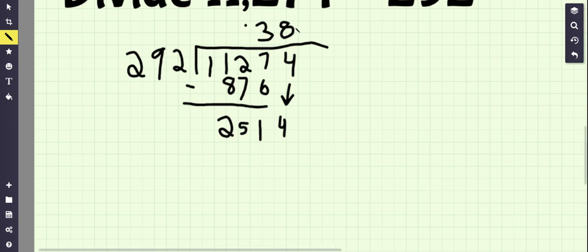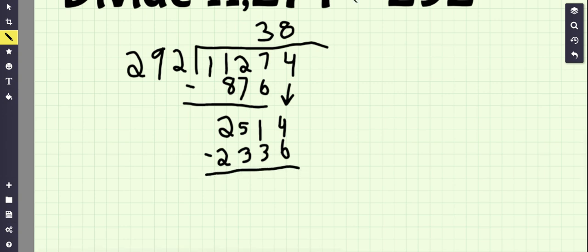So we can multiply 292 times 8, which is equal to 2,336. And when we subtract these numbers, we get 178.